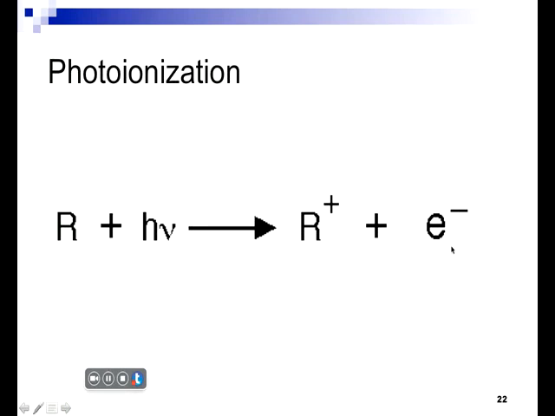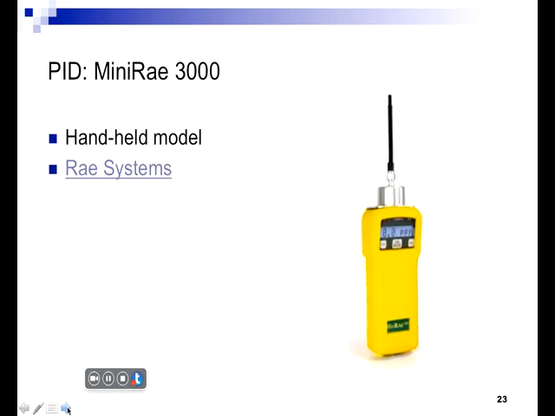And when you have a charge, you can measure it, just like we could with our electrochemical sensors and things like that earlier. If you can make something charged, it's much easier to measure by having charges go to different sides and having a concentration gradient. So that's what these things are doing with photoionization detection, using UV light to create ion pairs and therefore measure ion pairs.